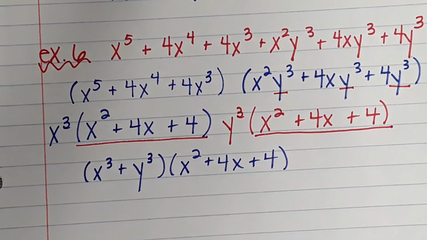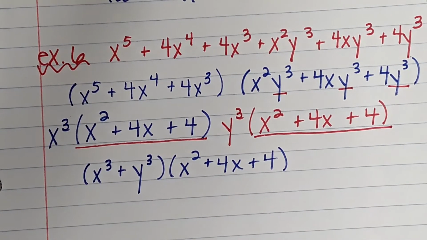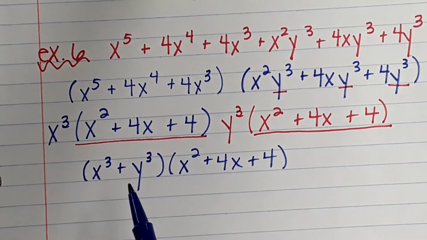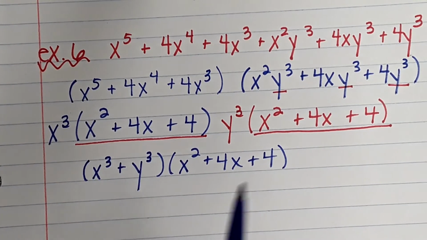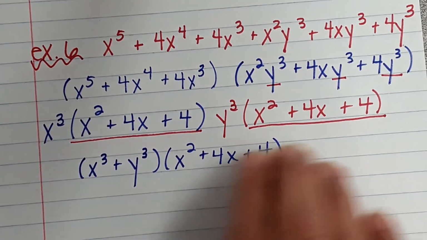So a long time ago, we would think, whew, we're done with that problem. But because we're in Algebra 2, we're never done, right? So we have to look at different things. Well, that looks like it is a sum of cubes, right? x to the third plus y to the third. That is definitely a sum of cubes, which has nothing to do with the second parenthesis.